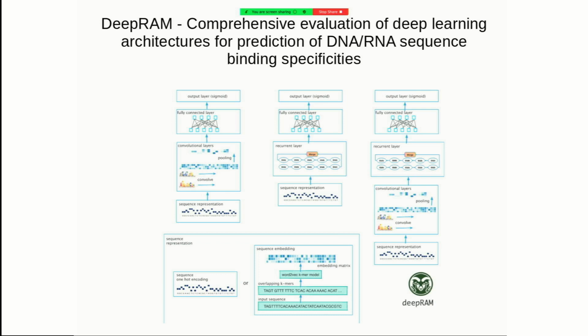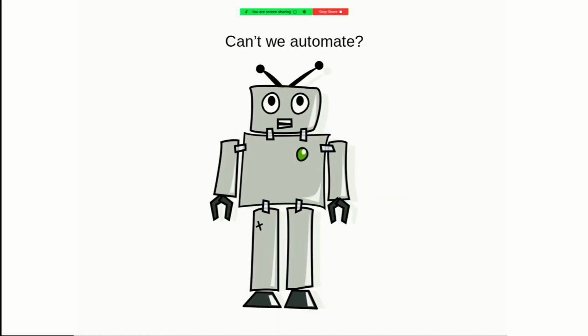Convolutional layers and then recurrent layers are always performing best. So they actually created a system for you to just apply to your data and find out which architecture works best. So it's limited to a subset of architectures, but if you remember my first slide, I just added the word automation into it. So that's the current focus I have.